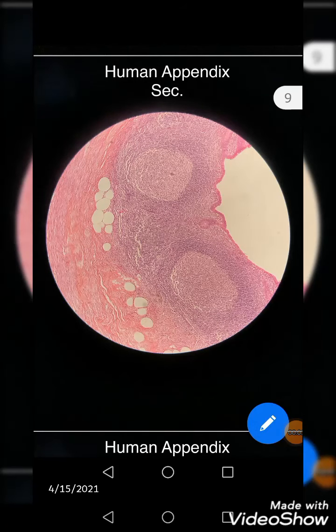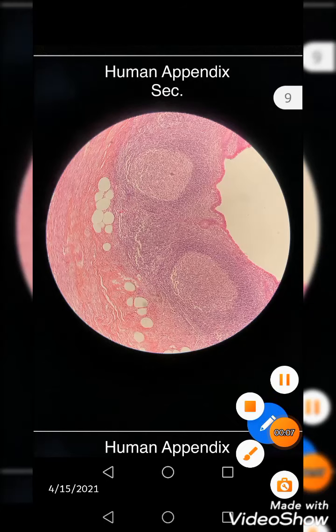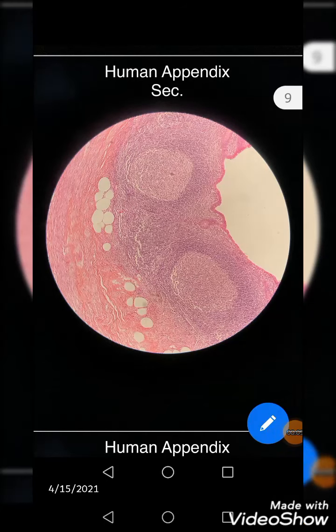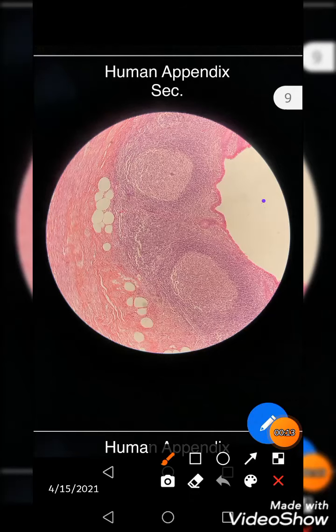Here is another diagram for you. I'm showing you the histological section of this appendix, which you will definitely see in the lab. This is the mucosal part from the lumen.